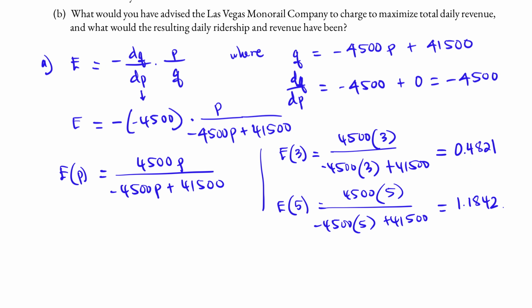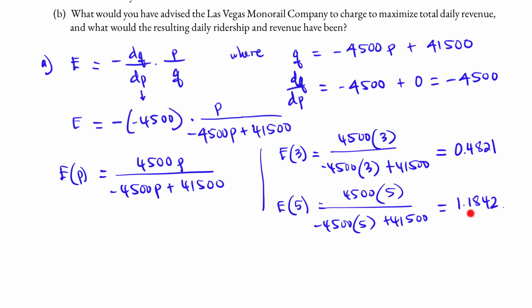And so that is why they increase the price from 3 to 5. Remember that the maximum revenue is achieved when the elasticity is 1. And so the elasticity was less than 1, they increased the price, and now the elasticity is more than 1.